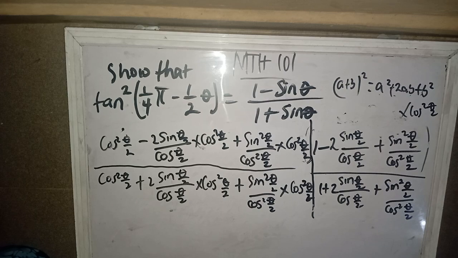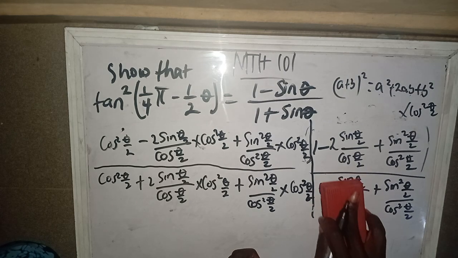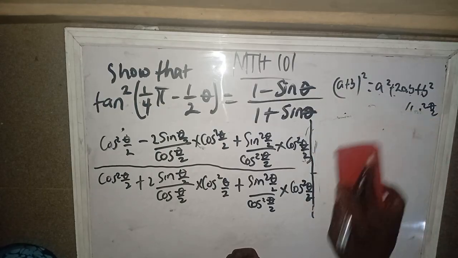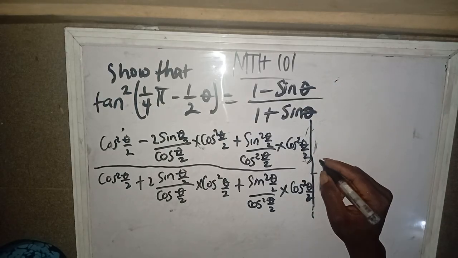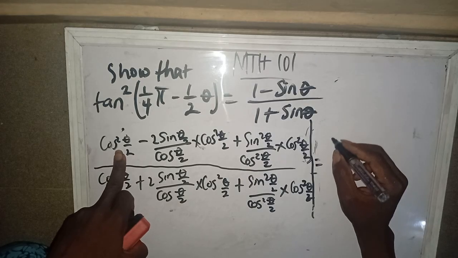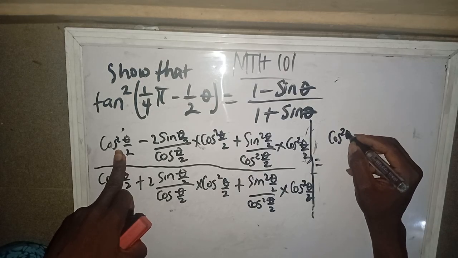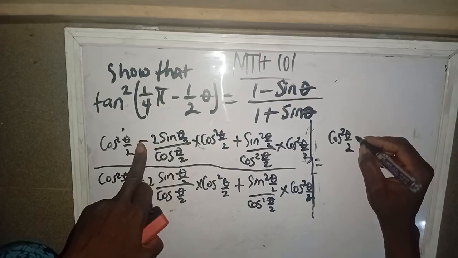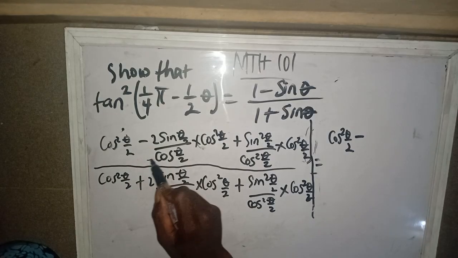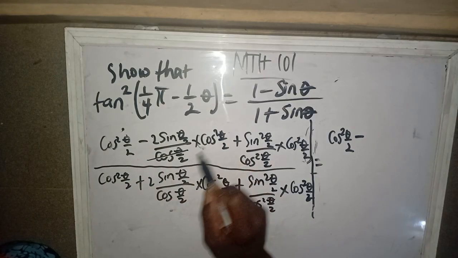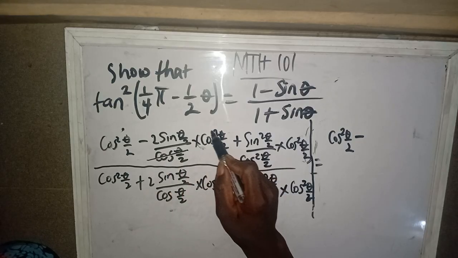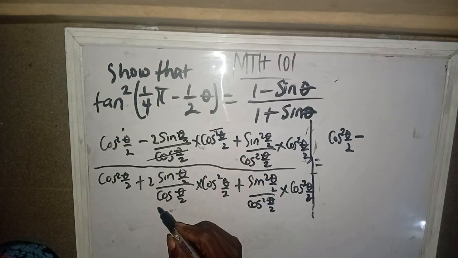So this question now becomes equals to, this one becomes cos square theta over 2 minus, now cos theta over 2, no, this is square, cos square theta over 2 over cos theta over 2 will cancel one out of this. So what do we have left?